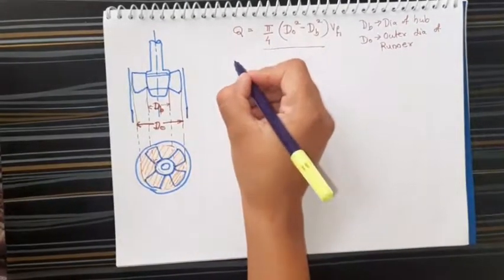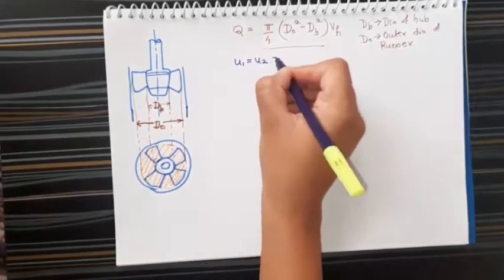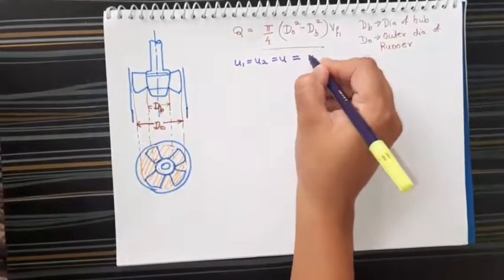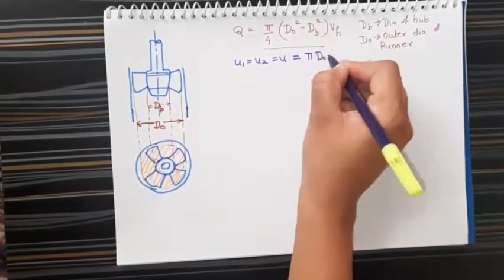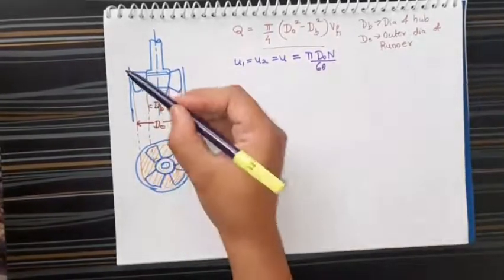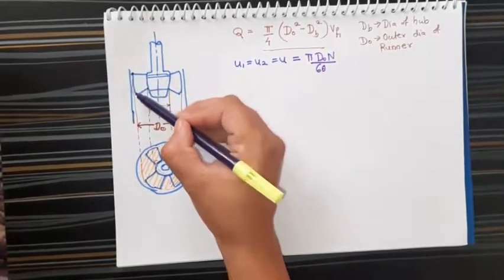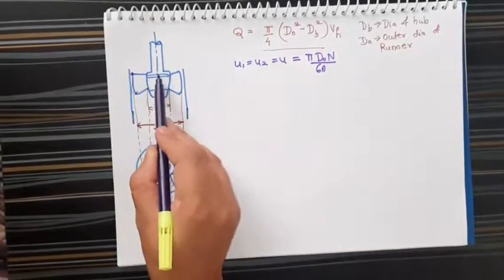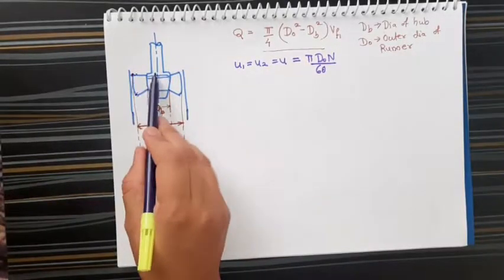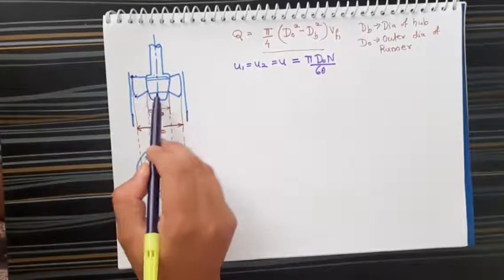Here in axial flow turbine, U1 is equal to U2, that is U, and that will be equal to pi dO n upon 60. If we are considering that water is going to flow from here, this tip and this tip are both at the same distance from the axis of the shaft. So due to that, the inlet blade velocity and outlet blade velocity will be the same.